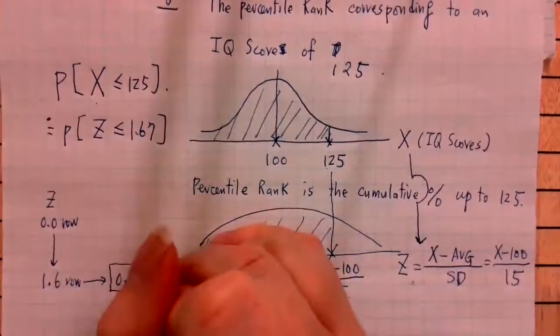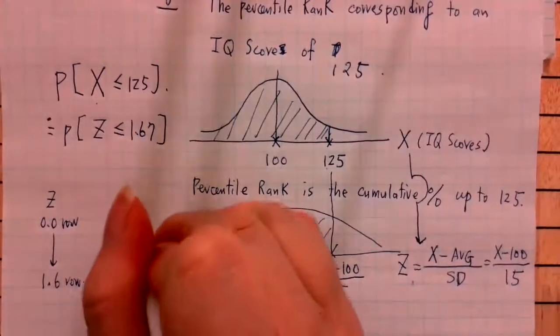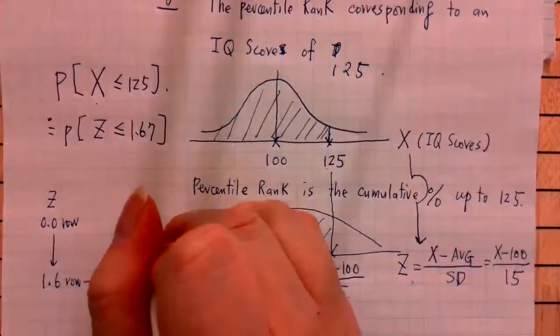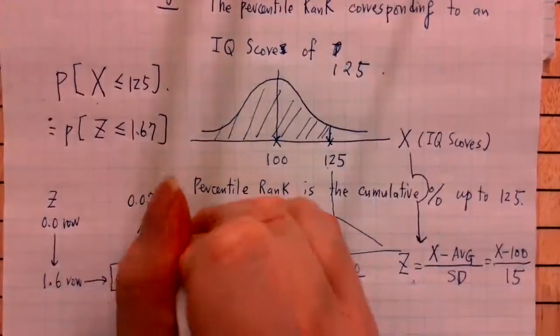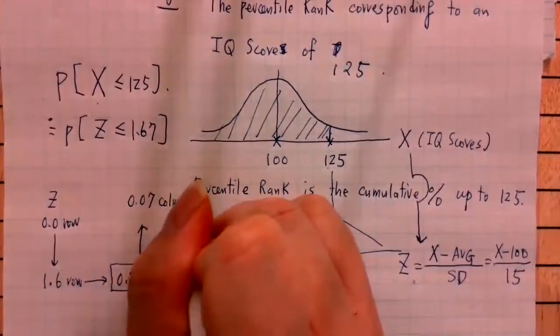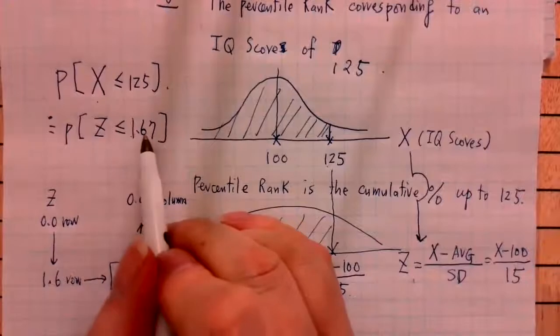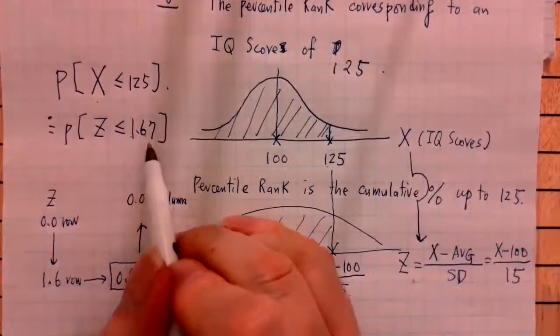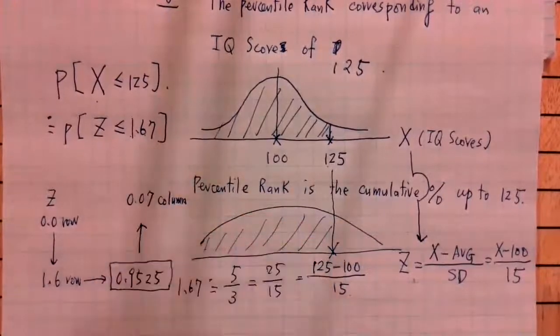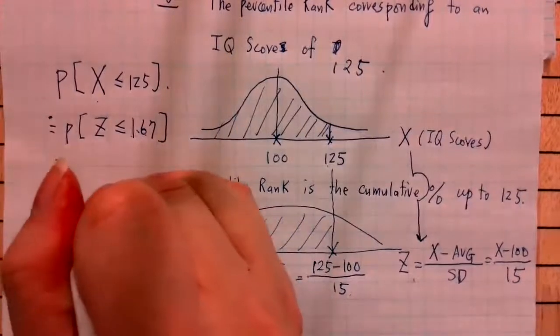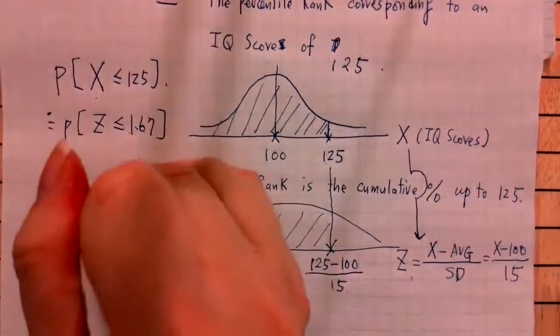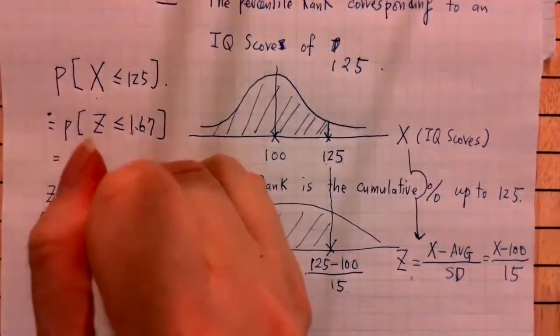Why do you stop here? Because this corresponds to the 0.07 column. The 1.6 row intersects with the 0.07 column, and that gives you 1.67. This is the way the table is constructed. So this one will return 0.9525.